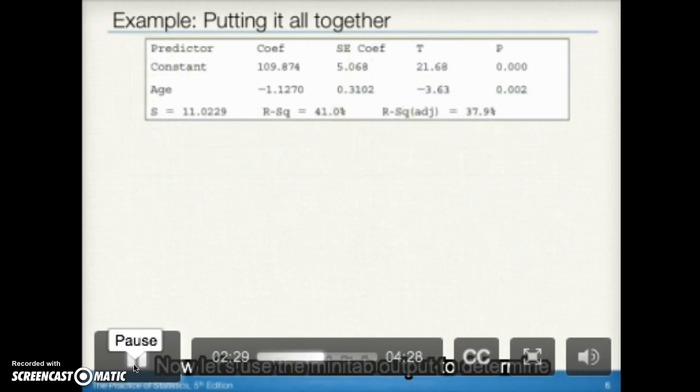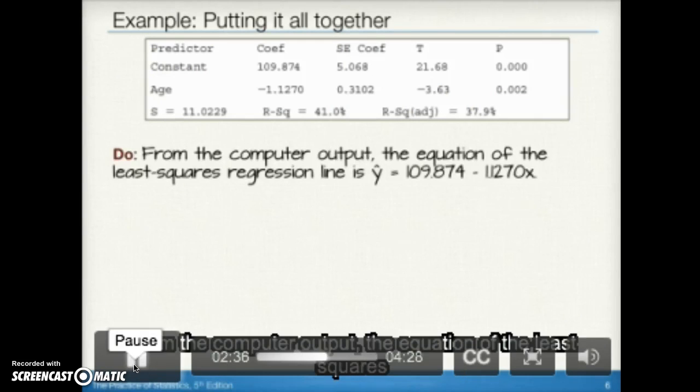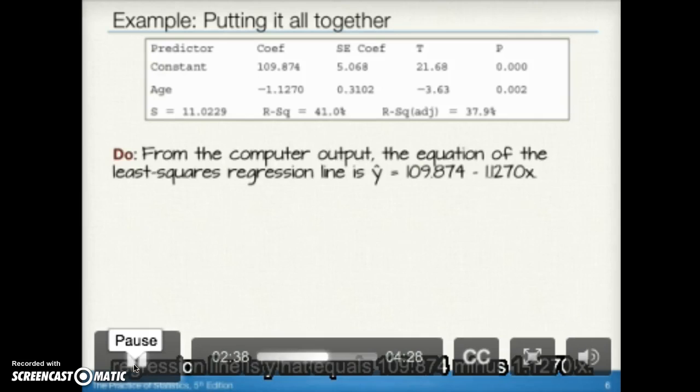Now let's use the Minitab output to determine how well a linear model would predict the Gesell score from age at first word. From the computer output, the equation of the least squares regression line is y hat equals 109.874 minus 1.1270x. Notice we look in the coefficient column in the Minitab output to design our least squares regression equation.